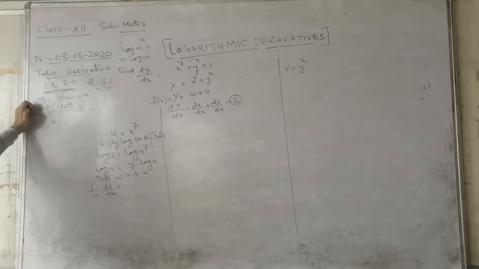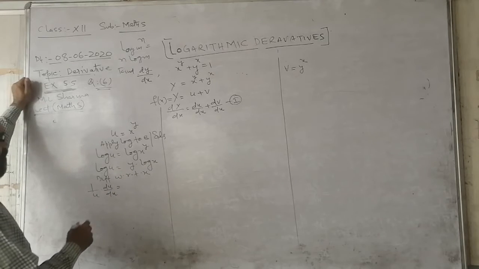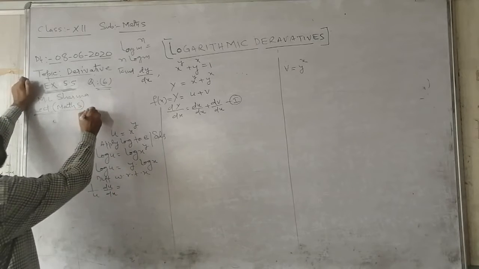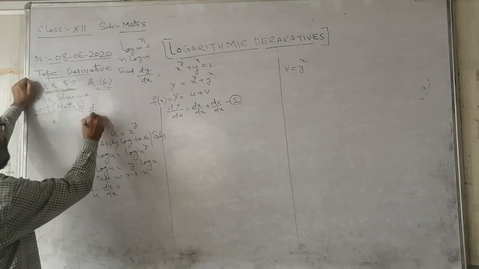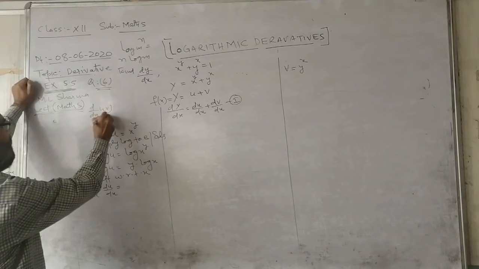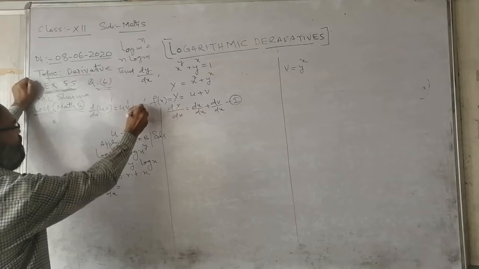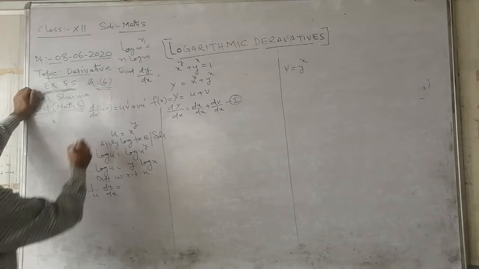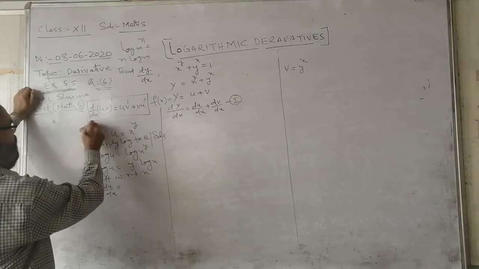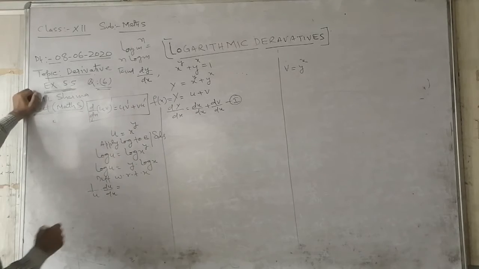Again, it is the product of two functions. So for the derivative of a product of two functions, the same formula is used as in the previous case also.